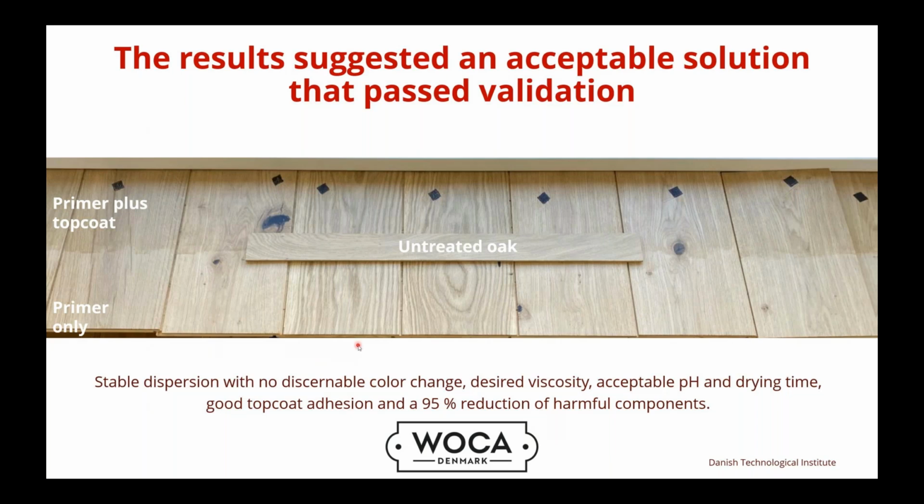And here I'm showing you the comparison of this combination where this water-based primer has been added to oak. And one of the design requirements was that this primer should not change the look of natural wood. So this is just a visual comparison of that. And this allowed us to, in this case, find a combination that passed validation, and Walker got a new product out of that.